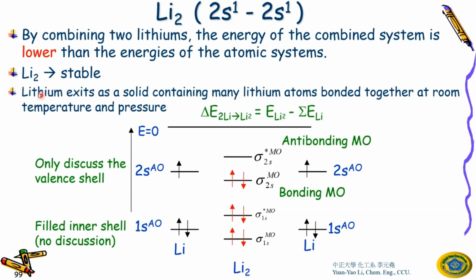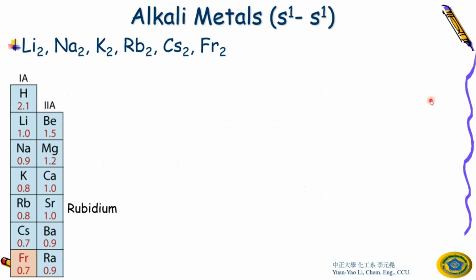This lithium solid is more stable than the lithium molecule, and is more stable than the lithium atom. We will talk about metallic bonds in the future. Now, we don't want to give you more examples about sodium, potassium, rubidium, cesium and francium. It's the same concept.